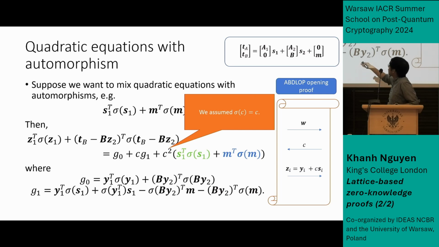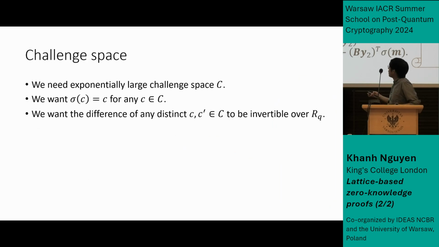Then I can use literally the same strategy as before. And because I pick a challenge space so that sigma of C is equal to C, I still end up with a quadratic equation. So the strategy is the same. If we didn't have sigma of C equal to C, we would have various C and sigma of C flying around. So that's what helps.